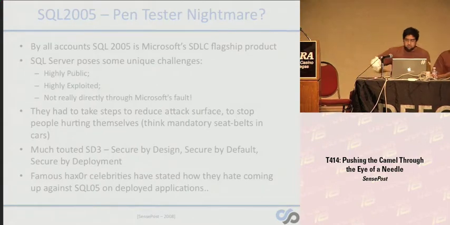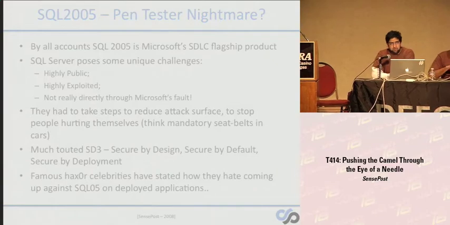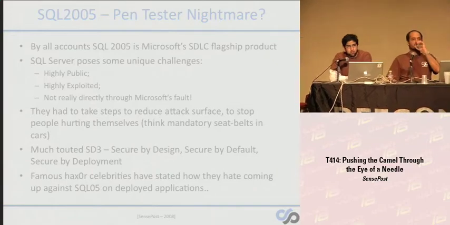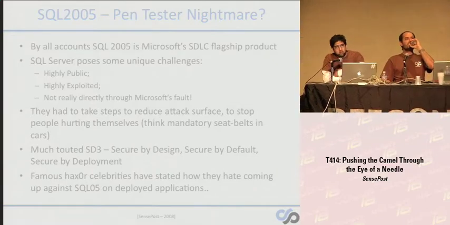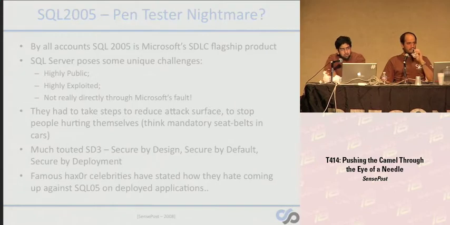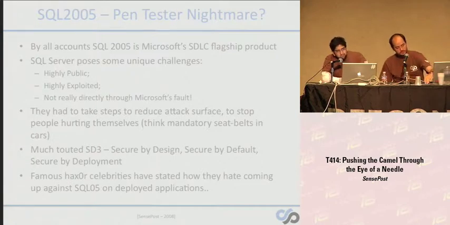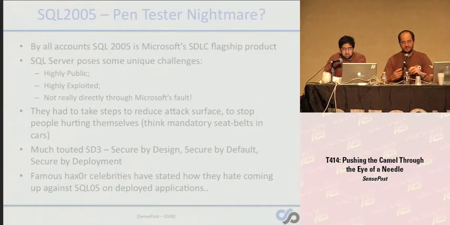Okay, so when we first wrote Squeezer, we weren't specifically aiming at SQL 2005. We then put up 2005 because we heard a lot about it and expected that most things would break by default. Because SQL 2005 has largely been Microsoft's flagship product for their SDLC push. SQL poses interesting challenges.